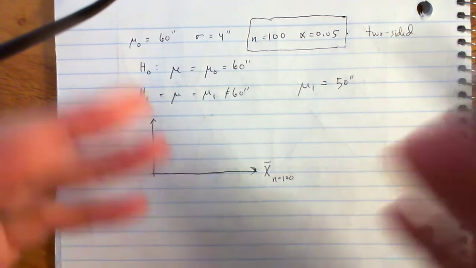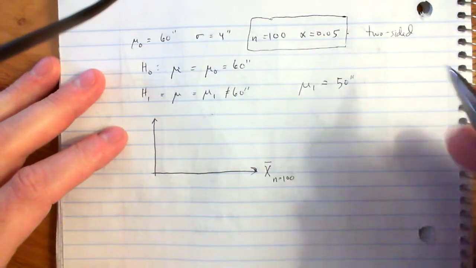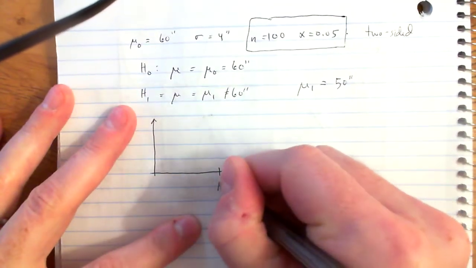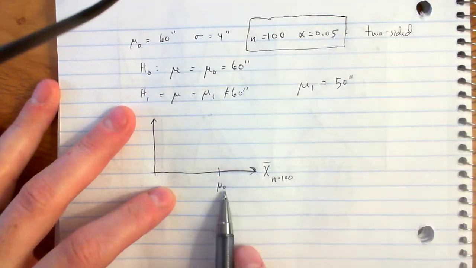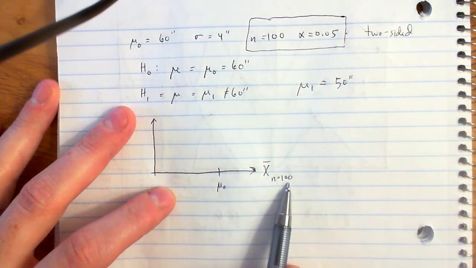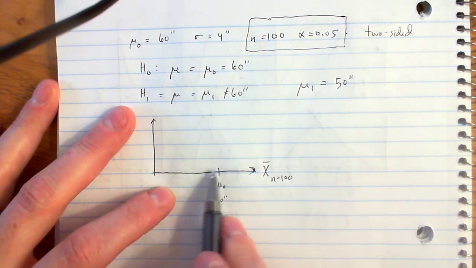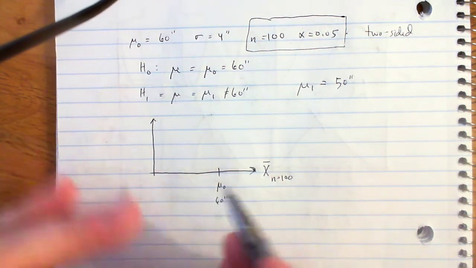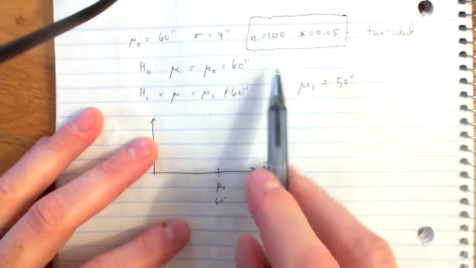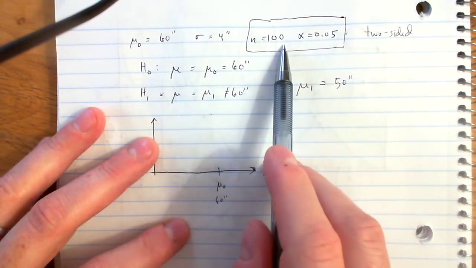You go into the experiment, you walk around the world thinking the null hypothesis is true, and so here's the null value. You don't expect every sample of n equals 100 to be exactly 60. You expect there to be some deviation. You know how much deviation there should be. It's the standard deviation over root 100.